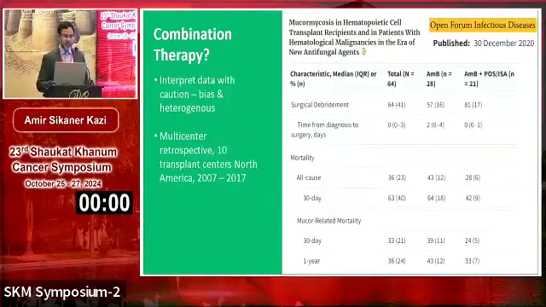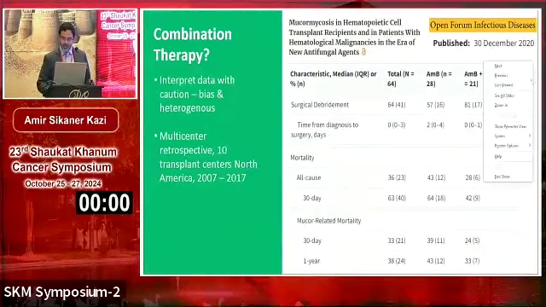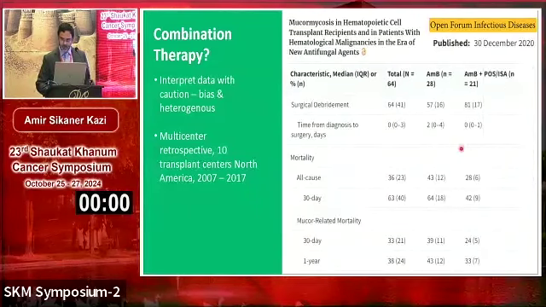I want to share this study because it's very important to interpret data with caution, as there can be a lot of bias. This is a retrospective multi-center review from 10 transplant centers published in 2020. Let me get the pointer out. Okay. So they reported that in the AMPHO plus POSA group, they saw lesser mortality compared to AMPHO alone.